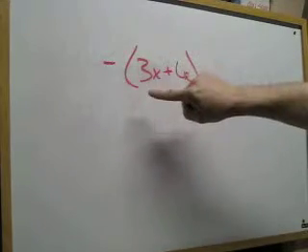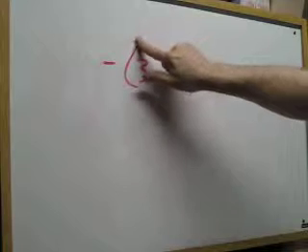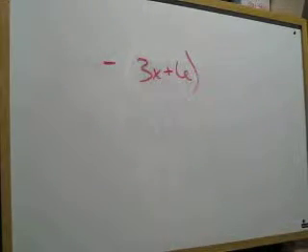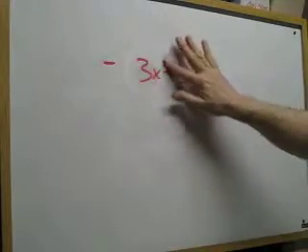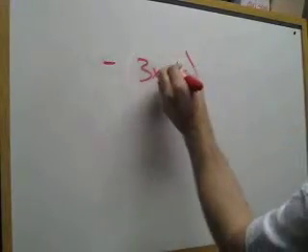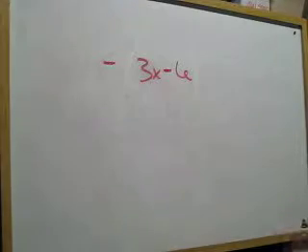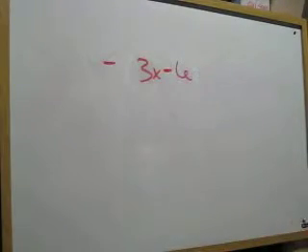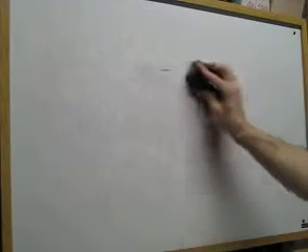When you take this parenthesis off, that 3 automatically changes its sign, and then we change the 6 to a minus. Okay? So we have minus 3x minus 6. And that's going to be helpful when we come into subtracting polynomials here.